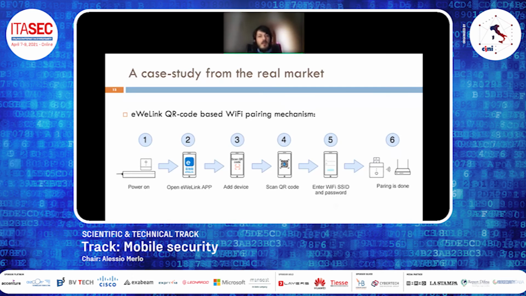In this figure is represented the QR code pairing mechanism for the Sonoff Micro from the user perspective. Basically, the user powers on the device into pairing mode, and through the mobile application, the eWeLink application, scans the QR code, inserts his Wi-Fi credentials inside the application, and lets the magic happen.